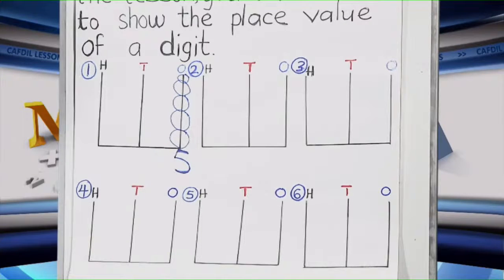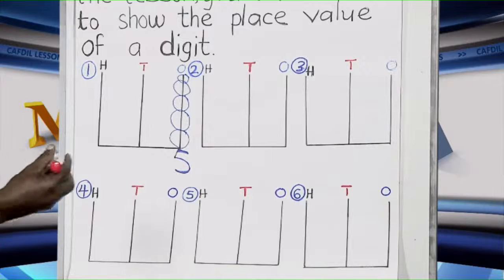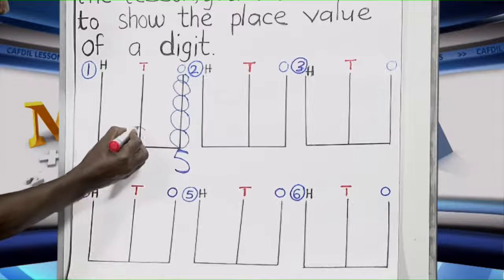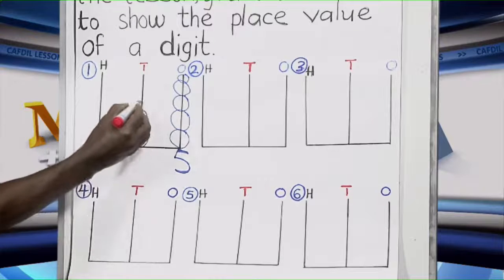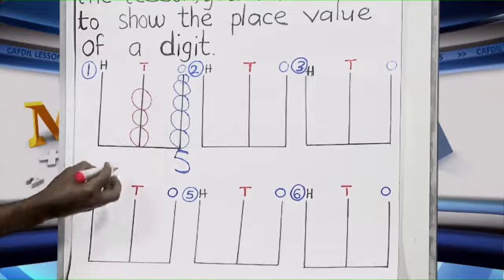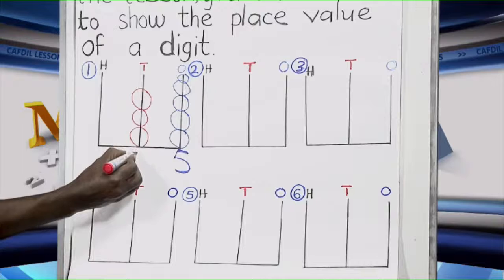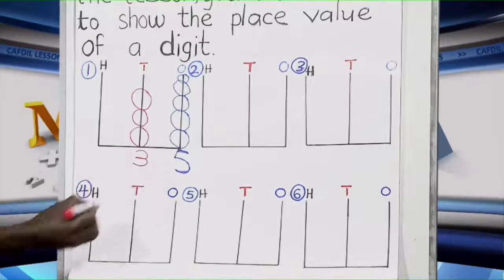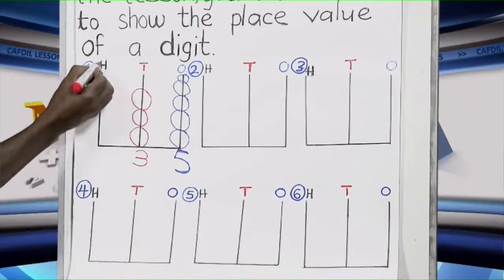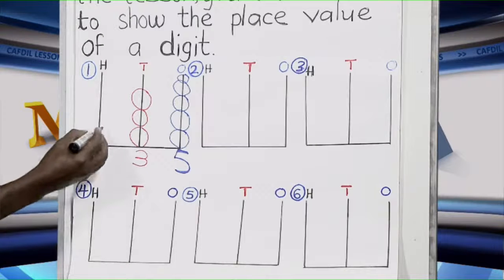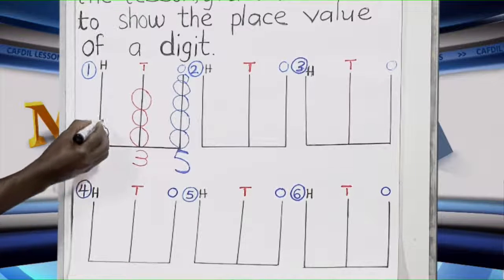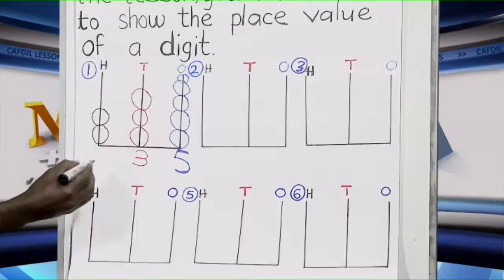Under tens column, let me put 3. 1, 2, 3. So we have 3 here. Under hundreds column, let me put 1, 2.